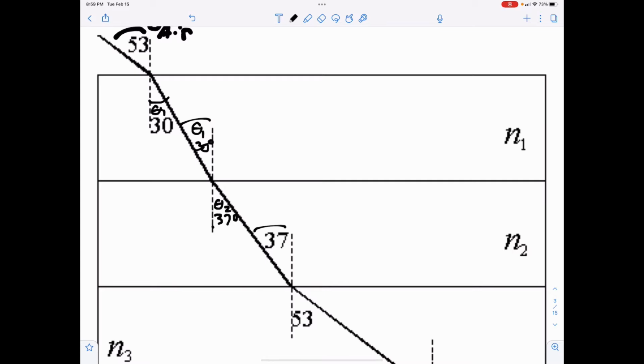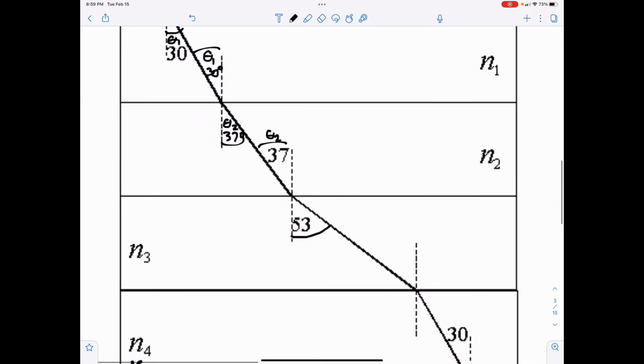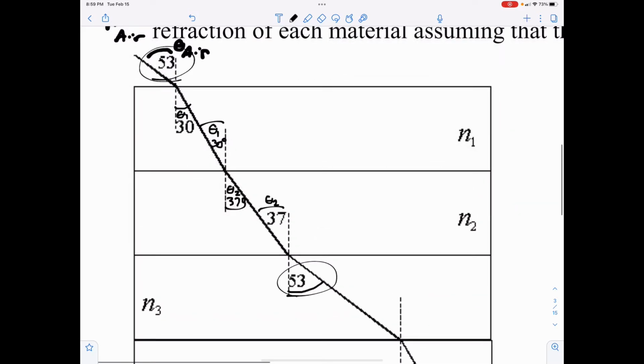We're going to call that theta 2 to match that. So this is also theta 2, and it's going into a larger angle, which means a medium of lesser optical density. In fact, that same angle was what we started with. So chances are this is probably air again, perhaps, sandwiched in between those layers of whatever.